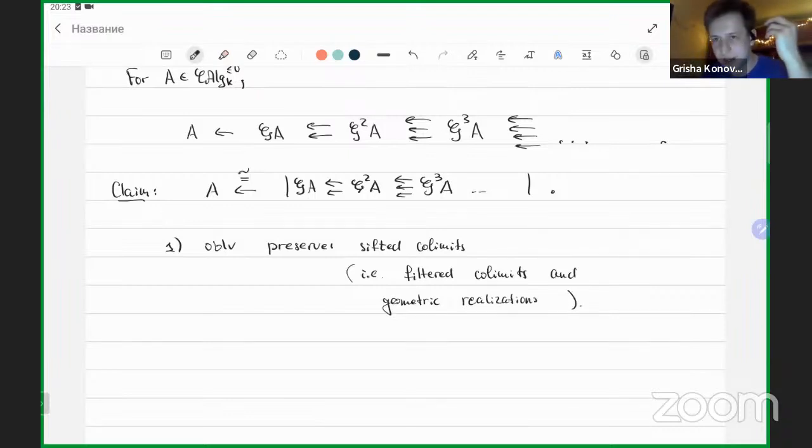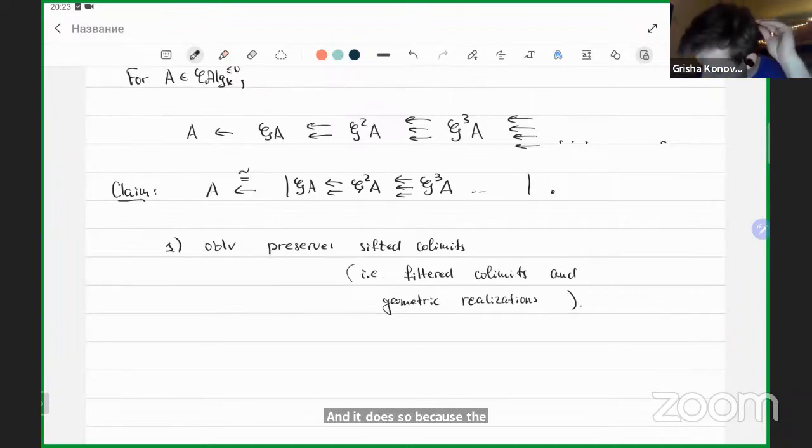And it does so because the monad preserves filtered colimits.